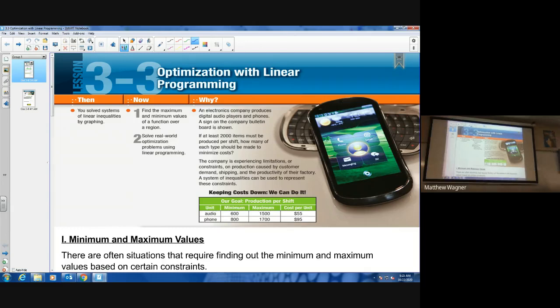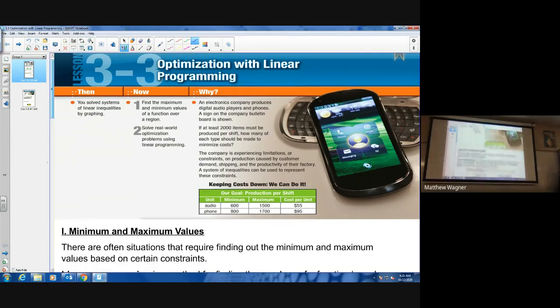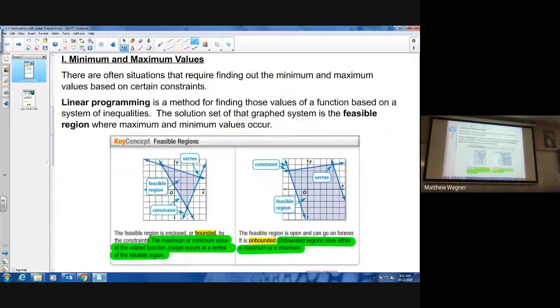So first thing we're going to look at is just finding minimum and maximum values, okay? So essentially today is all about optimization and linear programming. What we're trying to do is look at a particular function and figure out what's the highest or lowest value.